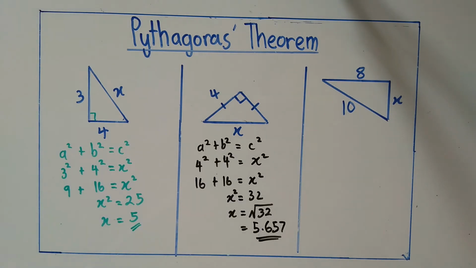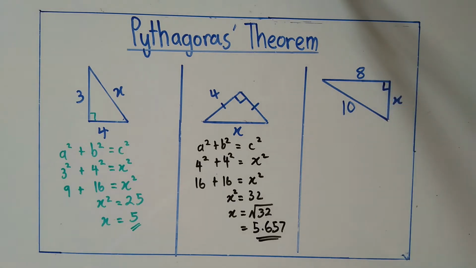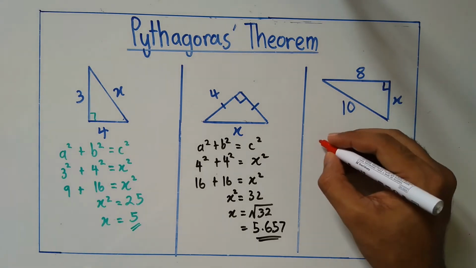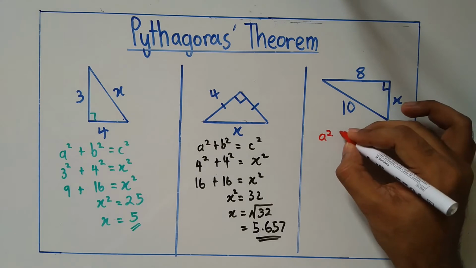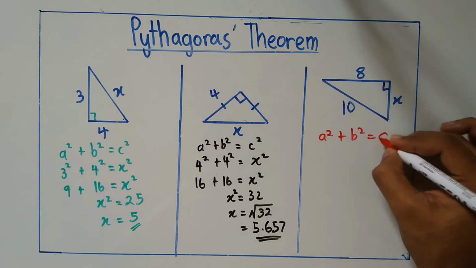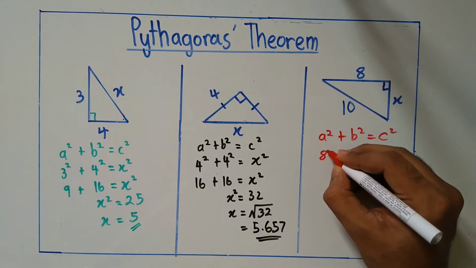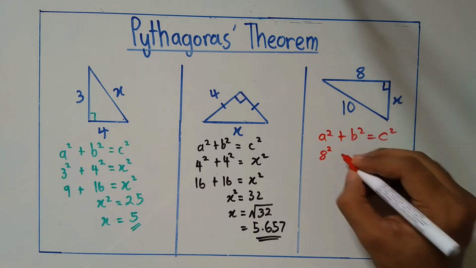In the third example, we have 8 and 10 and x. We find that 8 and x are the right angle sides, and we have 10 as the hypotenuse. Now we use the formula again and see how the formula works to solve for x. Let's say a is 8 and the value of b is x.